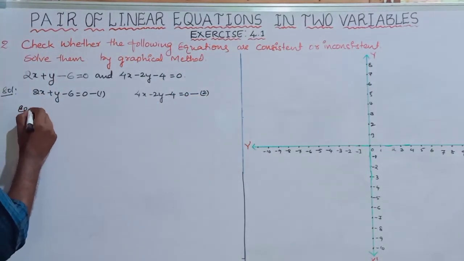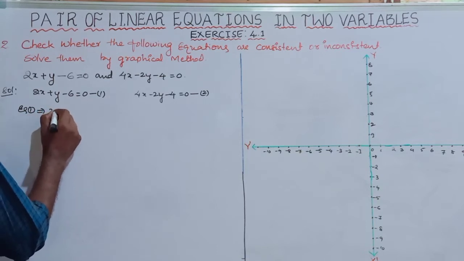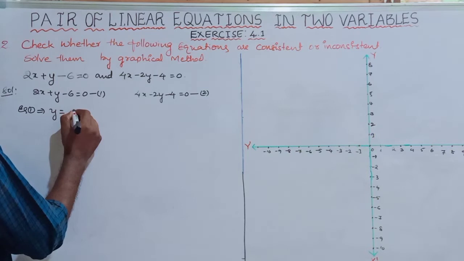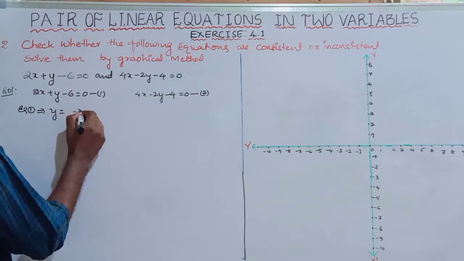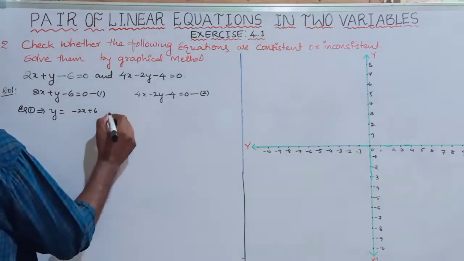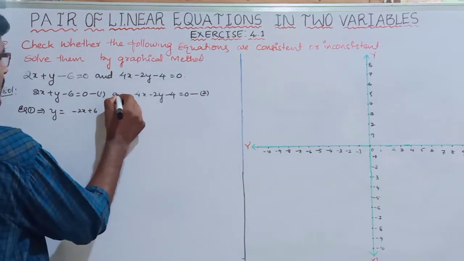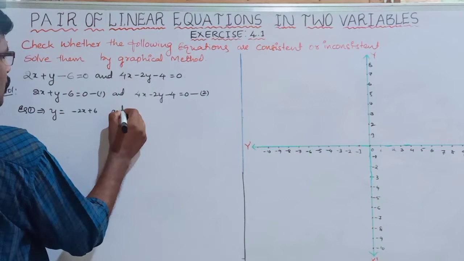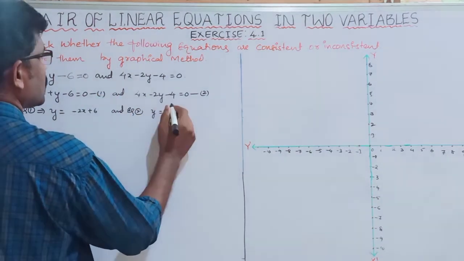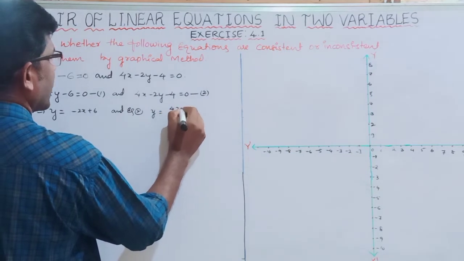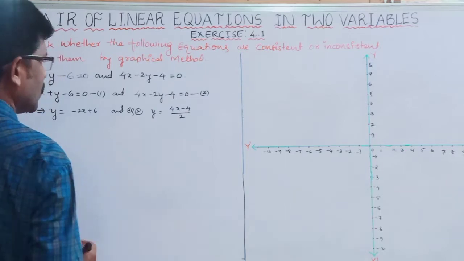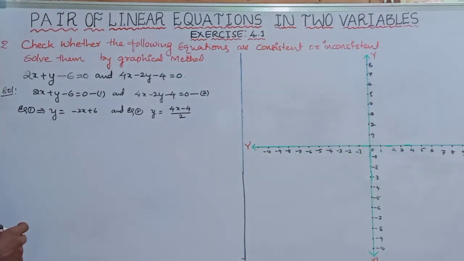So equation 1 becomes y is equals to minus 2x plus 6. And equation 2 becomes y is equals to 4x minus 4 by 2.